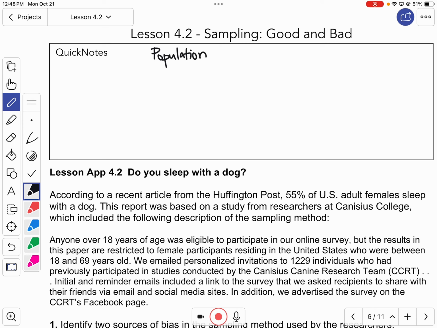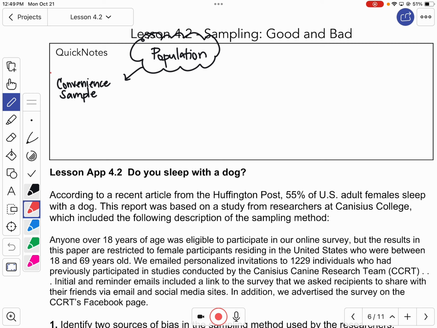So we start with the population, and we know typically we can't get 100% of our information from 100% of the population. It's why we have to have samples. And so the first type of sampling that we can do is a convenience sample, and that was learning target 1.